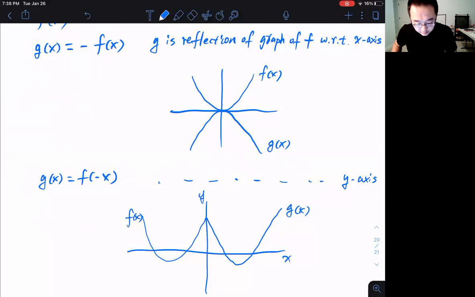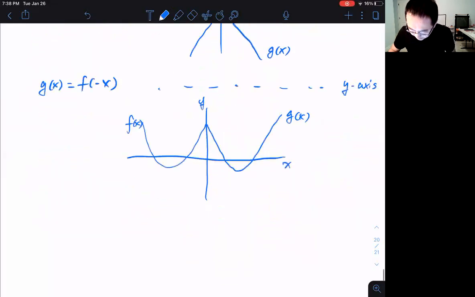Okay, now let's talk about stretching. Again, we start with f of x being a function.